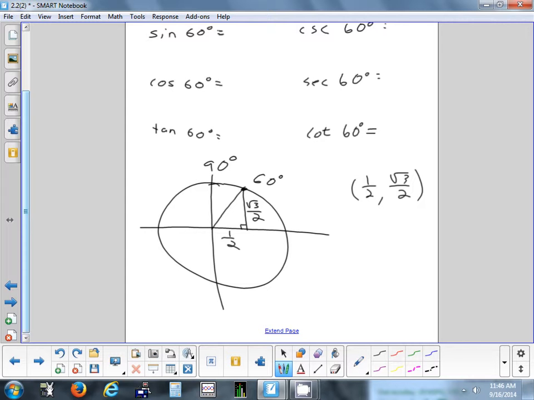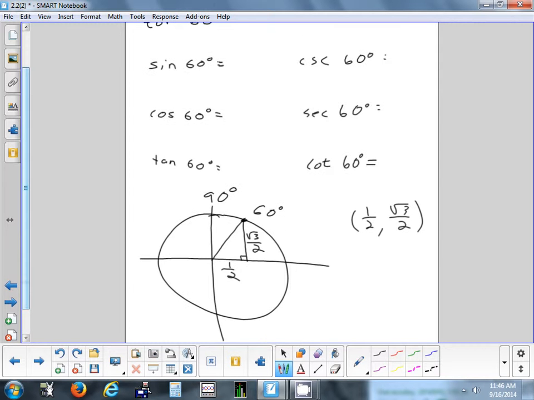Now we can find all 6 trig functions. What is the sine? Square root of 3 over 2. Yep. What's the cosine? 1/2, just half. And the tangent?